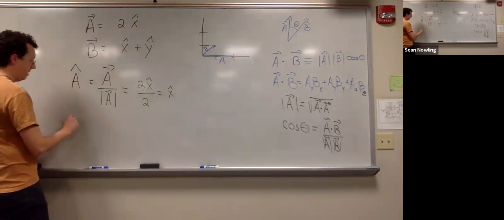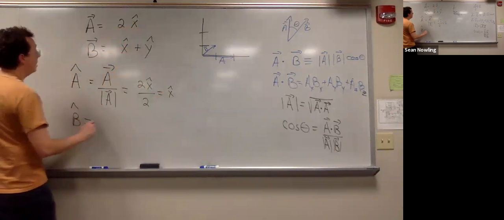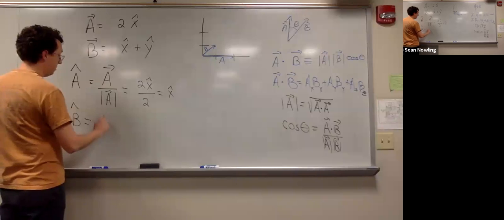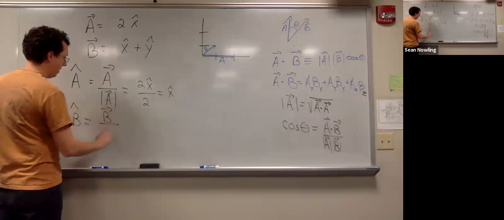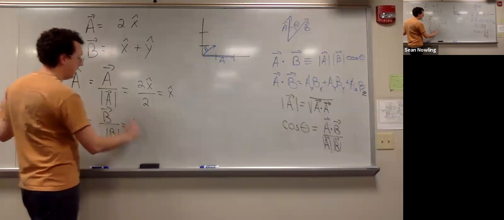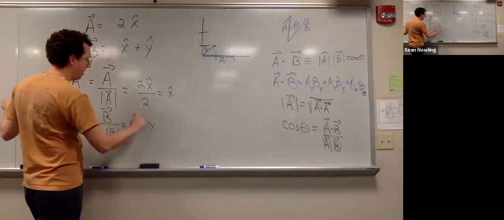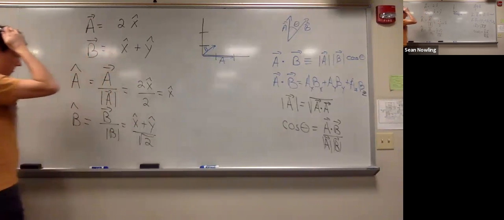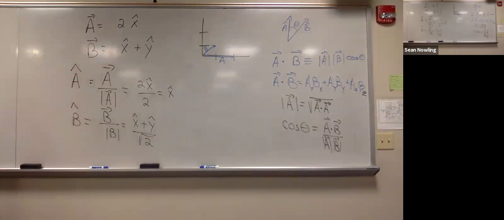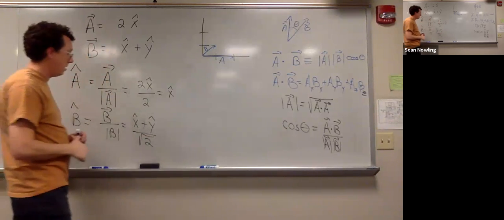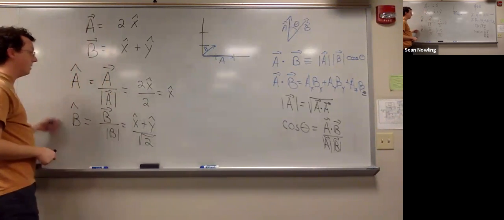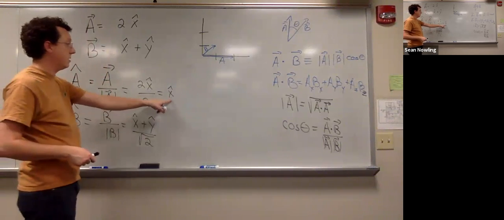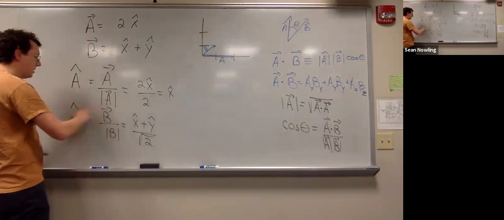Similarly, for B, a unit vector parallel to B would be the original vector B divided by its magnitude, and that's simply going to be x plus y, all divided by the square root of 2. You can check that these have length 1. Well, this one obviously has length 1 because it's just x hat. Let's check that this has length 1.